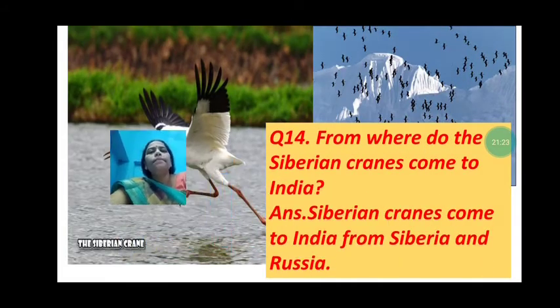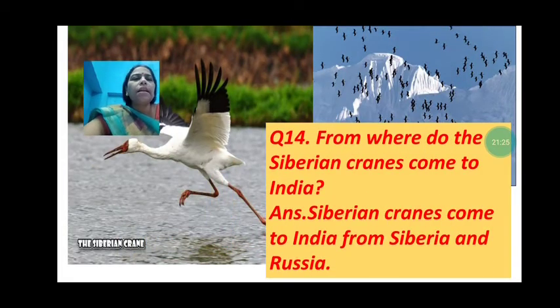From where do the Siberian cranes come to India? As you can see in this picture, these are Siberian cranes. Above also you can see Siberian cranes. They are crossing the Himalayan range and coming to India. Siberian cranes come to India from Siberia and Russia.